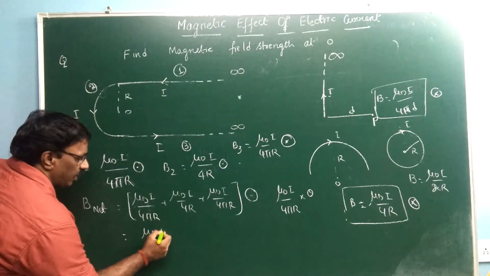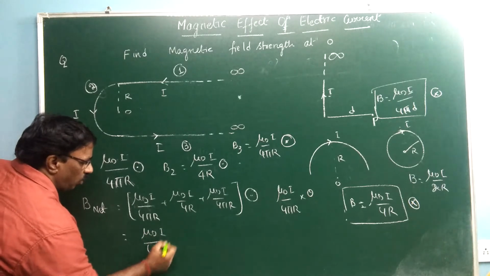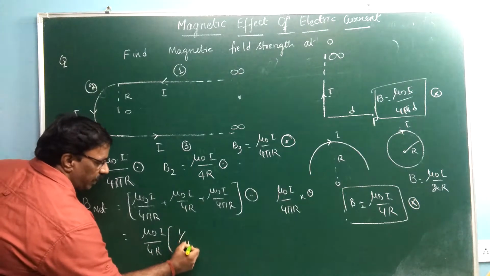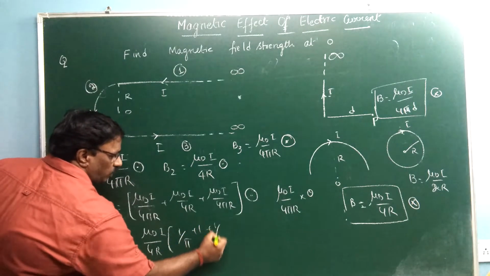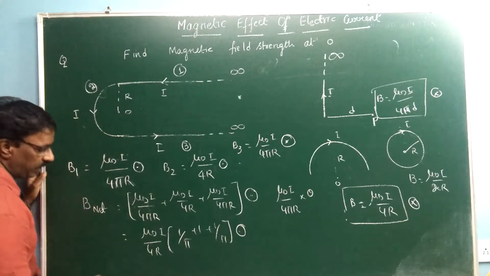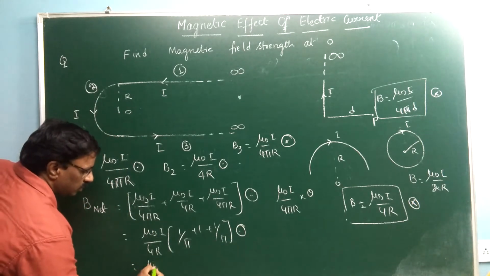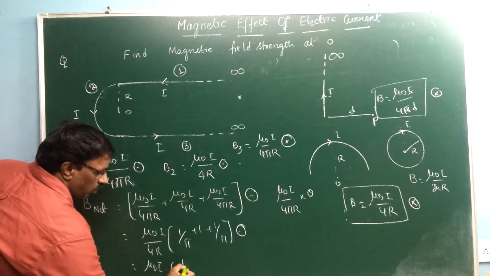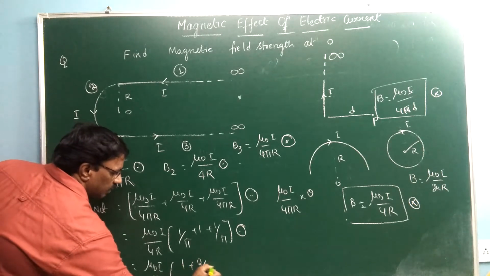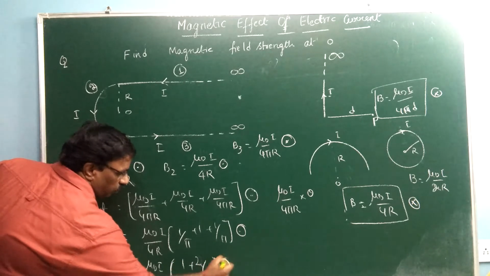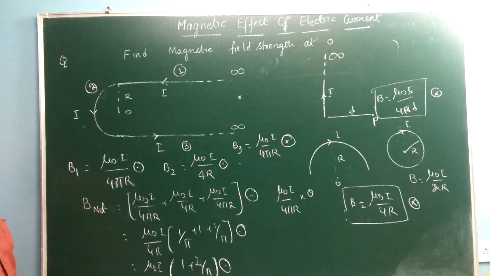I can take mu naught I by 4R common. I am going to get 1 by pi plus 1 plus 1 by pi. Direction out. If I add them, I get the answer as mu naught I by 4R into (1 plus 2 by pi). You can leave it like this.